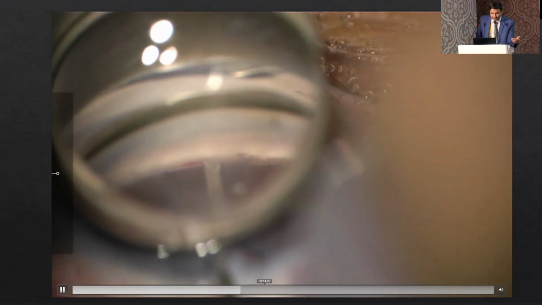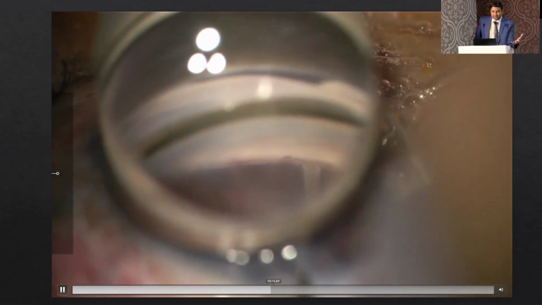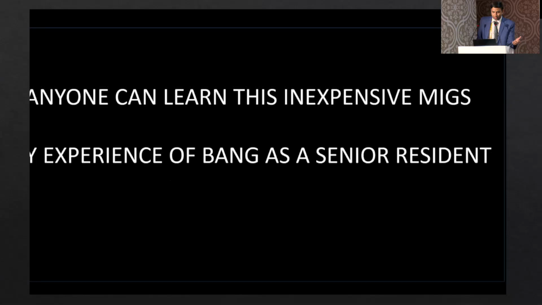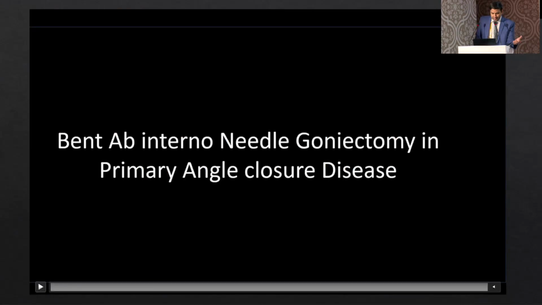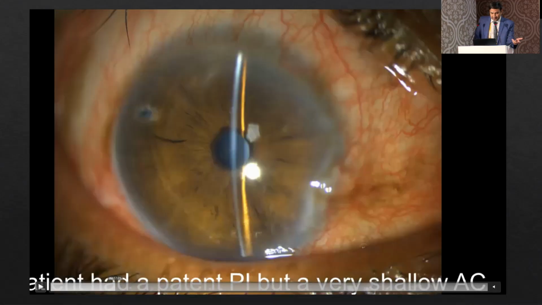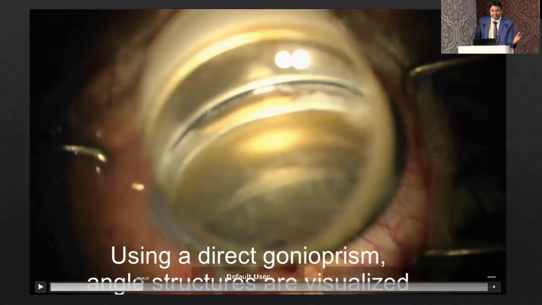This is the Swan-Jacob lens. Here we can see that with the help of a needle we are just slicing the trabecular meshwork. It helps you identify the structures very well. Now coming to bent ab interno needle goniectomy in primary angle closure glaucoma. First you need to bend the 24 gauge needle towards the bevel at an angle of 40 to 90 degrees. This is a case of angle closure glaucoma with IOP of 18 on 2 medications, and cataract surgery was required.